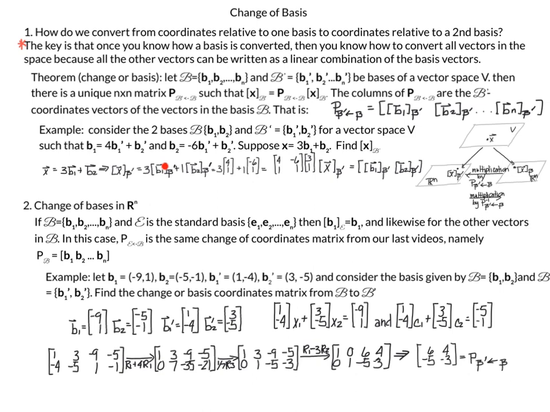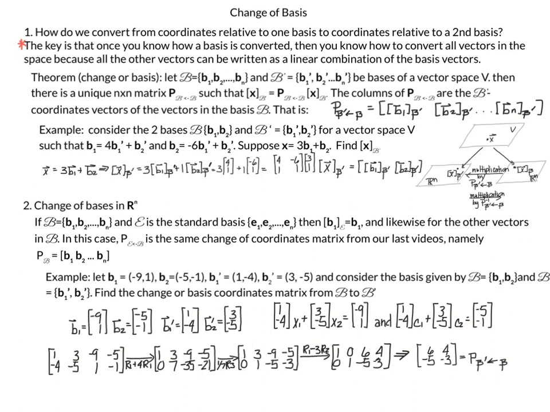Now b1 in terms of B prime is 4, 1, and b2 in terms of B prime is negative 6, 1. So here we have 3 times 4, 1, and 1 times negative 6, 1, which gives us our matrix with columns 4, 1 and minus 6, 1.